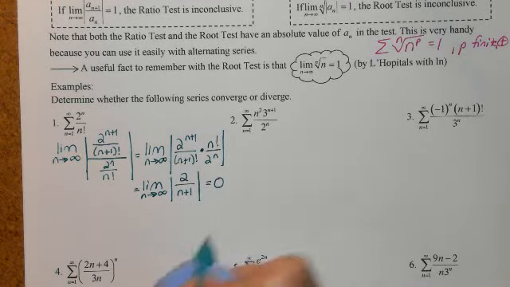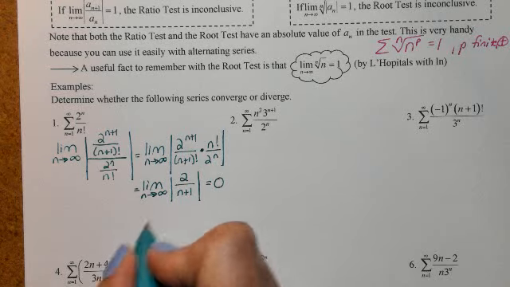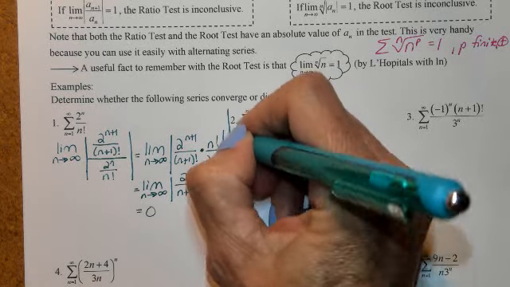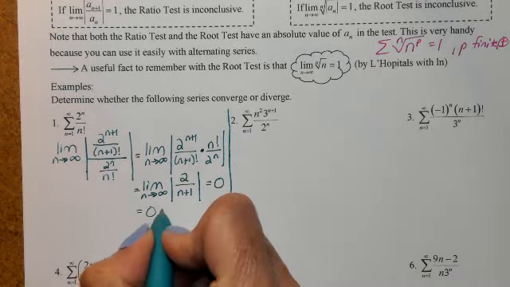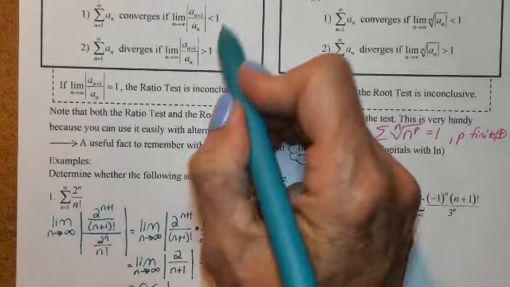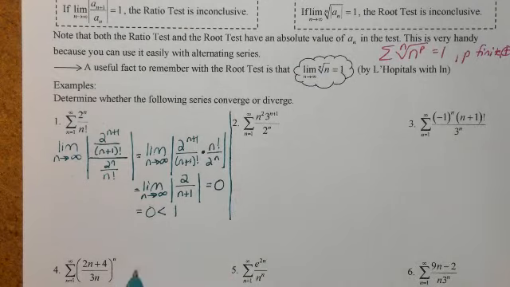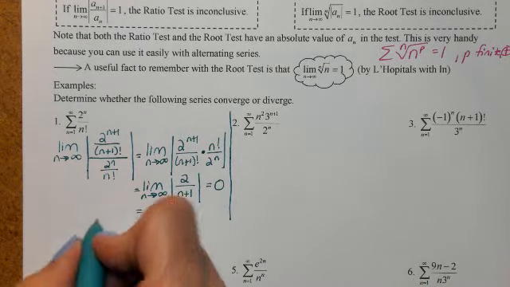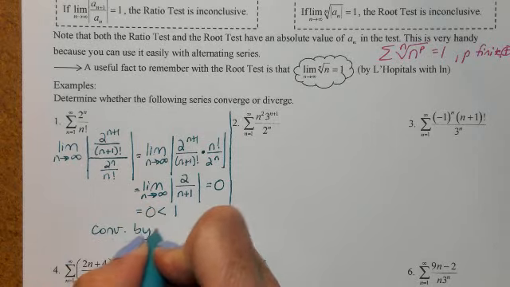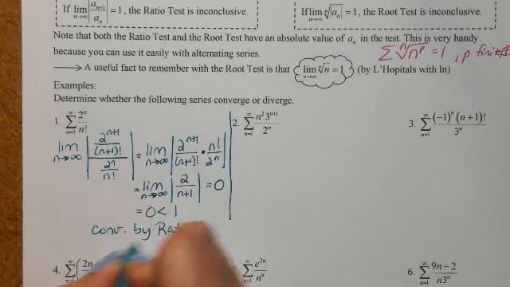That limit is 0. 0 is less than 1, isn't it? You're always going to be comparing it to 1. 0 is less than 1. Therefore, the series converges by ratio test.